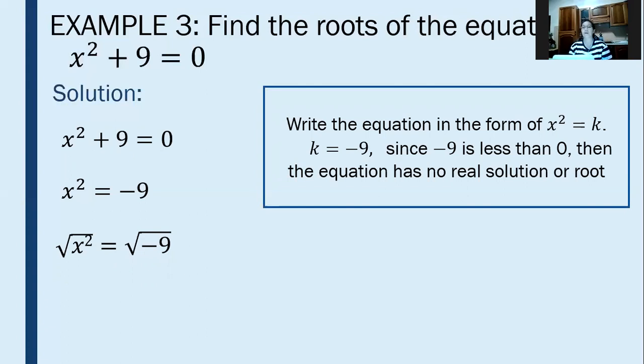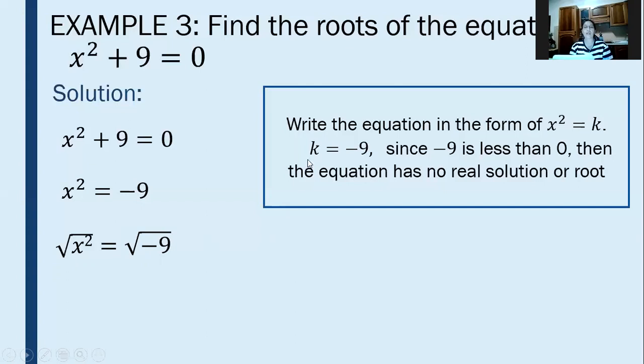Now, since k here is equal to negative 9, and k is less than 0, then the equation has no real solution or root because a perfect square cannot be negative.